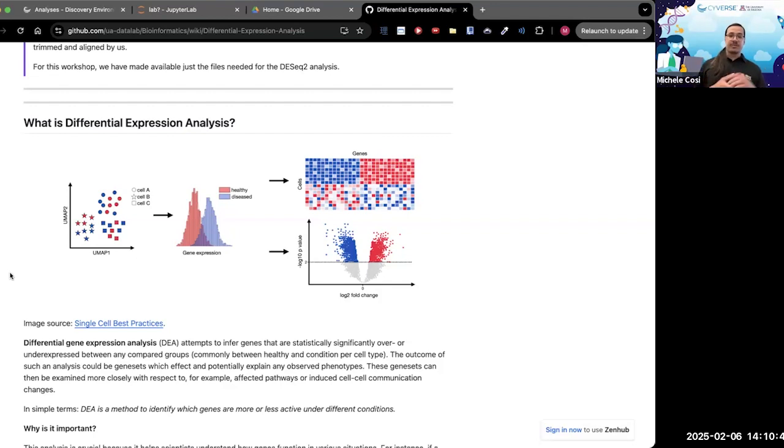The outcome of DEA can give us some insights on unobserved phenotypes. When I was a student, we were running an experiment in the middle of the desert to see how the lack of water would stress a specific plant. In that case it was sorghum.